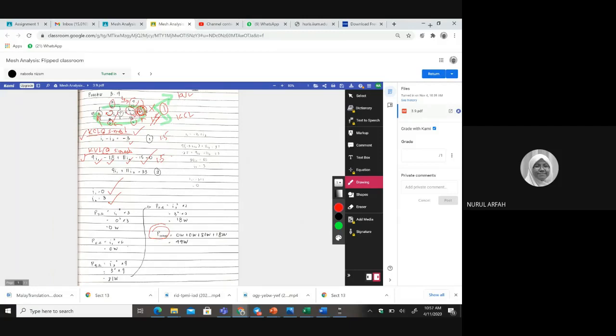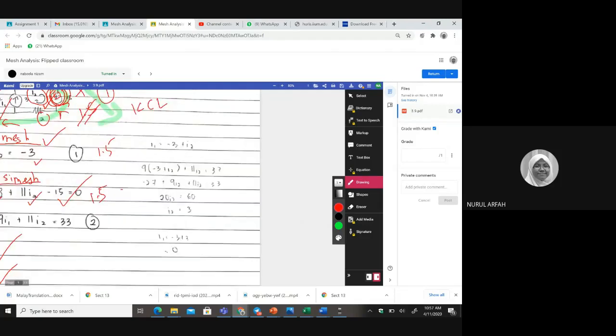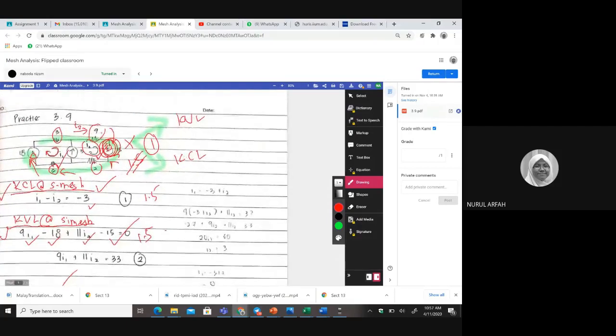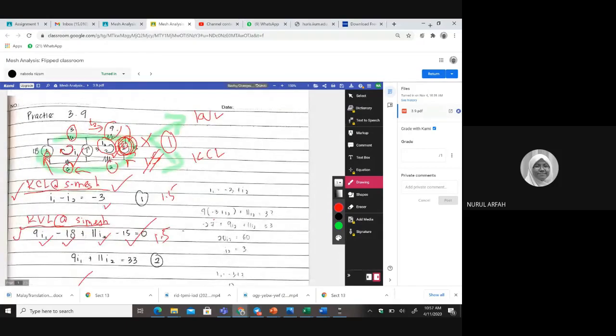This is 3 ohms. Coming from where, this equation? From here. 9 with -3. Plus I2.